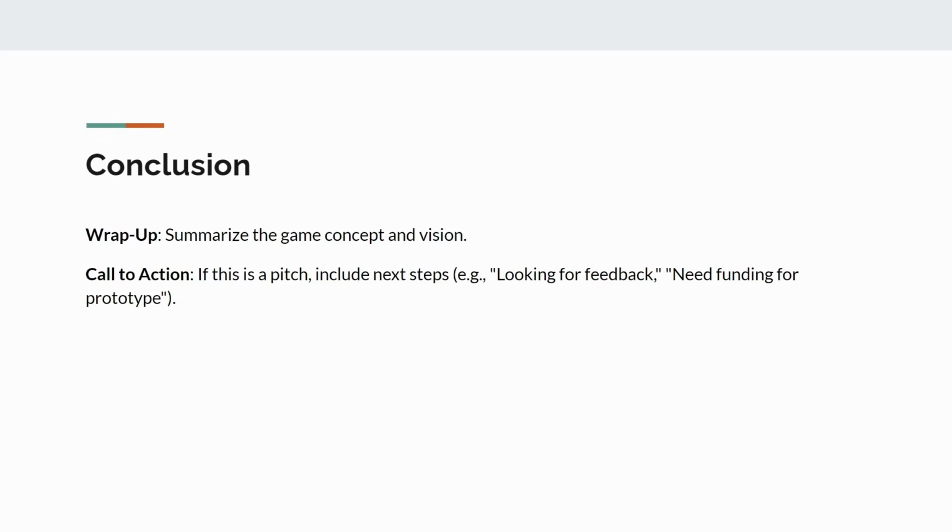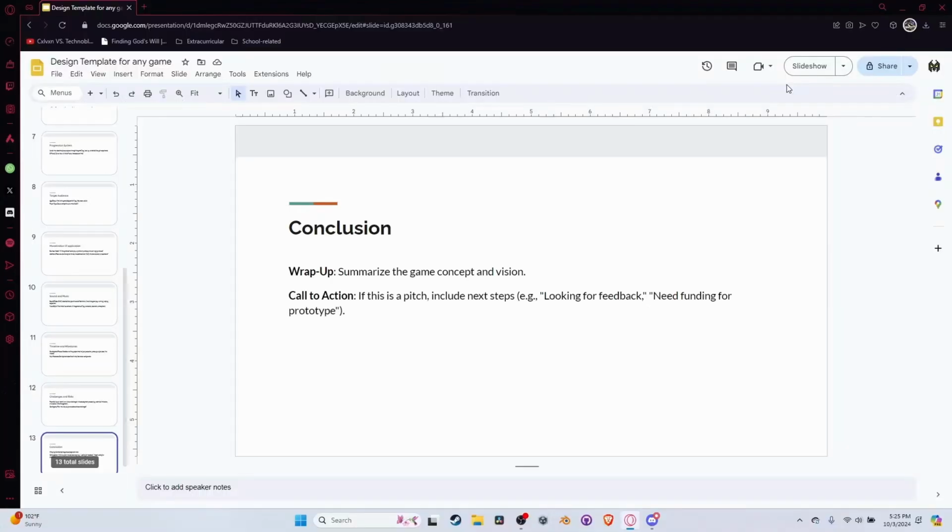If this is a pitch, which it likely will be, just include the next steps, maybe looking for feedback. This is more general terms, but maybe if you're making a game that has in-app purchases, you probably need funding for your prototype, but just things to take into account. And that's it for the slideshow.